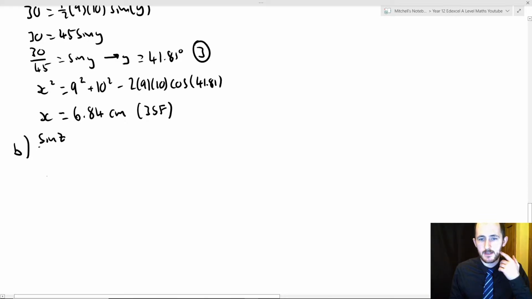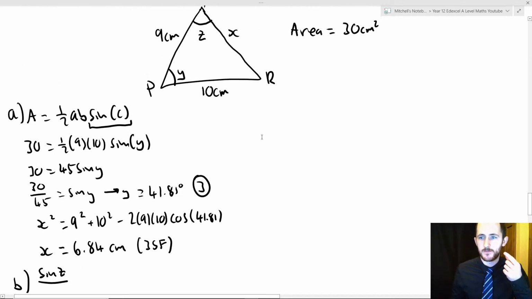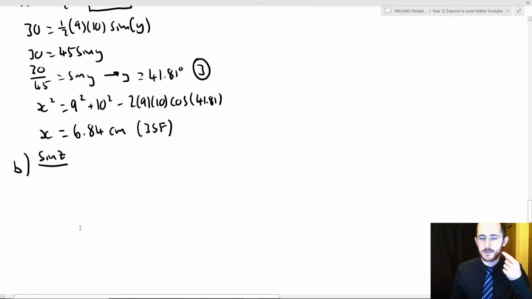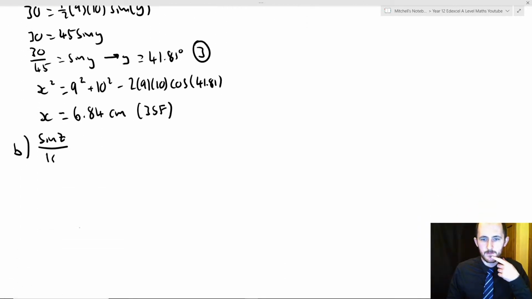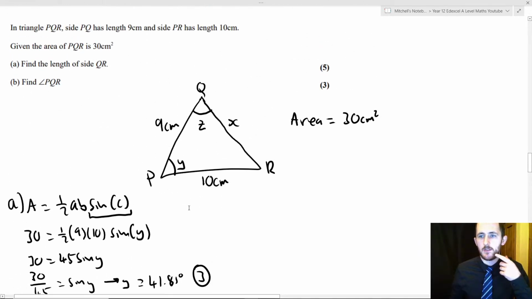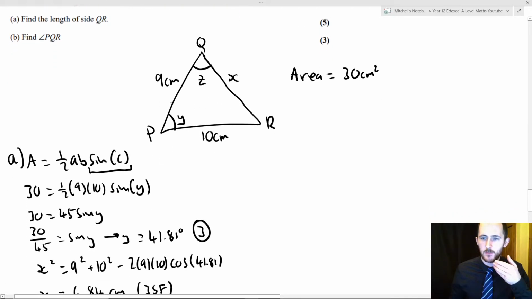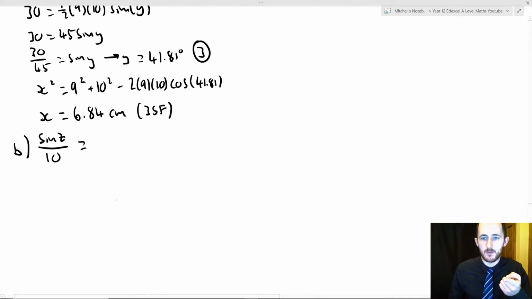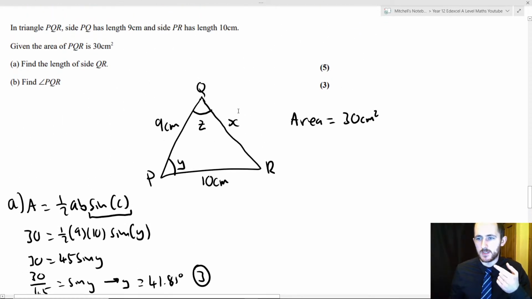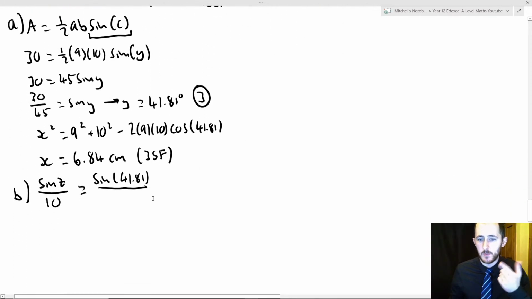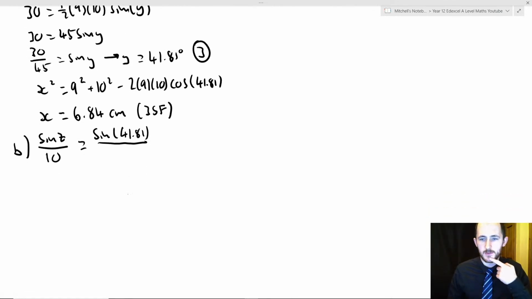So sine Z over the opposite side, which is 10 centimeters, equals the other angle side pair we have, which is sine of the angle we just worked out, 41.81, over the opposite side to that, which is side X, which we worked out in the previous part, is 6.84.